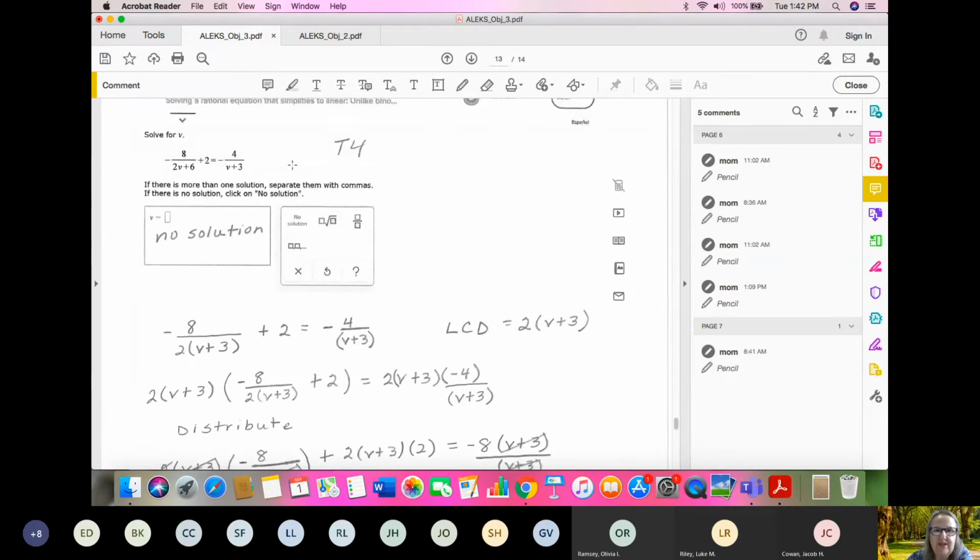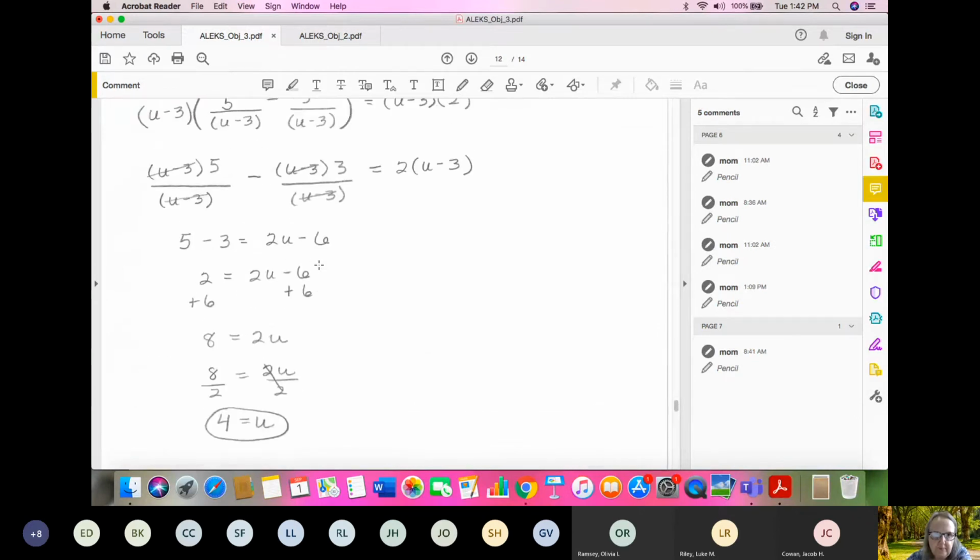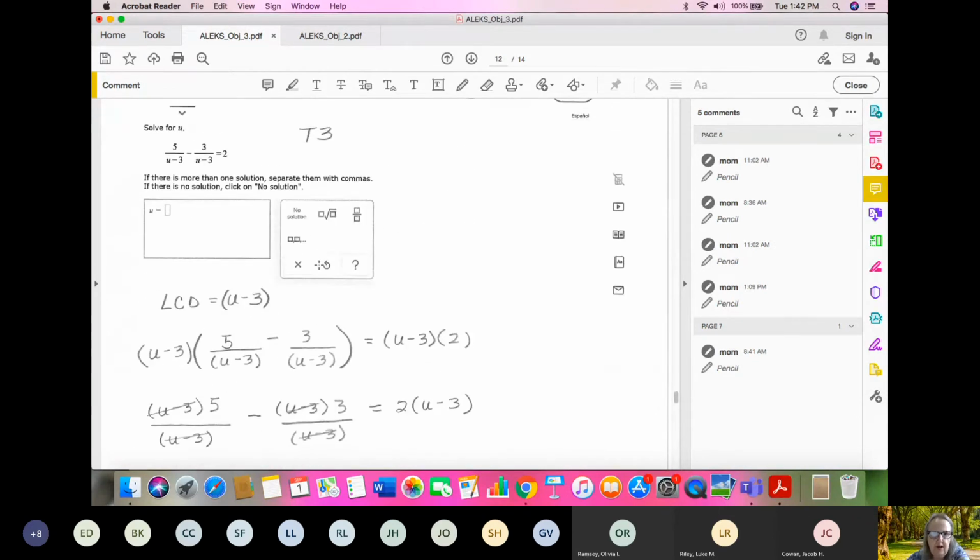I guess we're going to have two we have to finish on Thursday. That's okay. So let's go back to this particular question. I want to put parentheses around u minus 3 and u minus 3. And so the LCD, I'm just going to take this first one that has parentheses around it and write it as u minus 3.